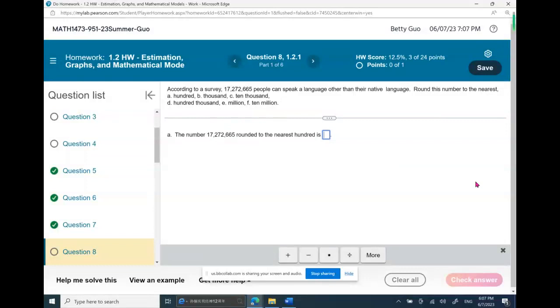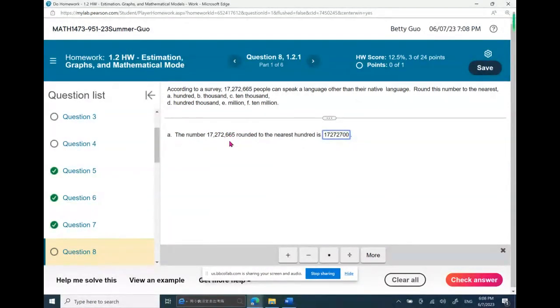So we're going to copy 17,272,700. We're going to round it up. Can anyone explain why we need to round it up? Because the rounding will take place at the first 6. We look at the digit to the right next to the rounding place.